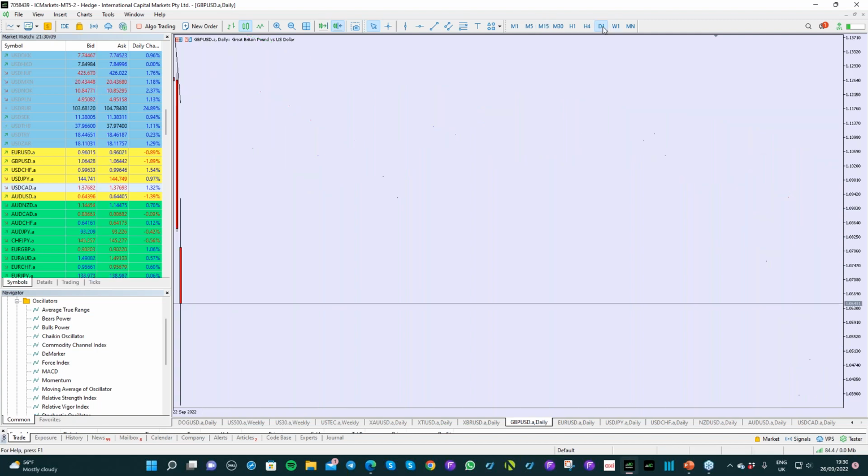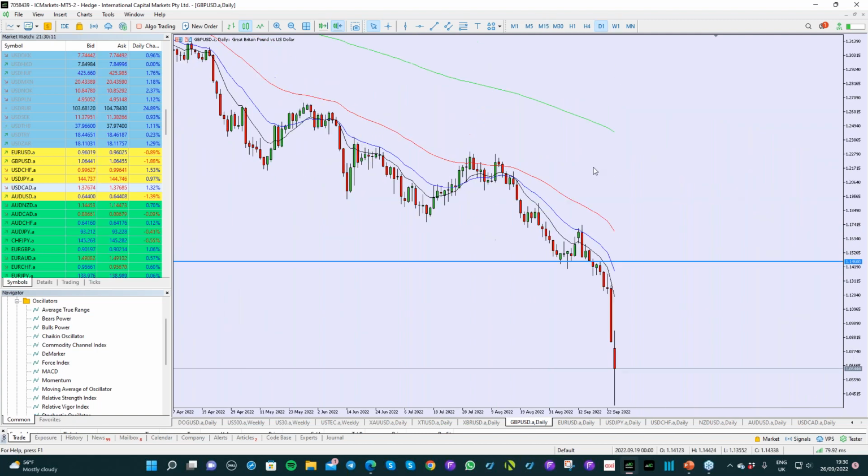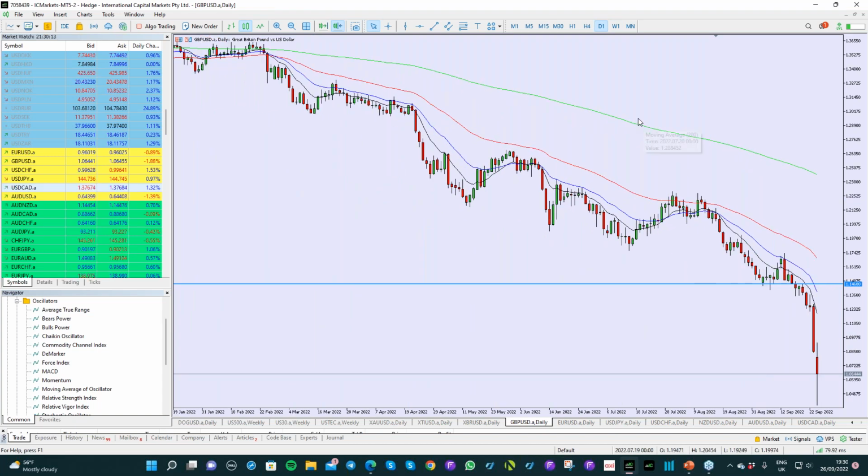So the other thing that we can use to fine tune our entry points is Fibonacci. So the Fibonacci tool is up here, the Fibonacci retracement tool. And what we want to do in a downtrend, we want to draw from the most recent high down to the most recent lowest point.